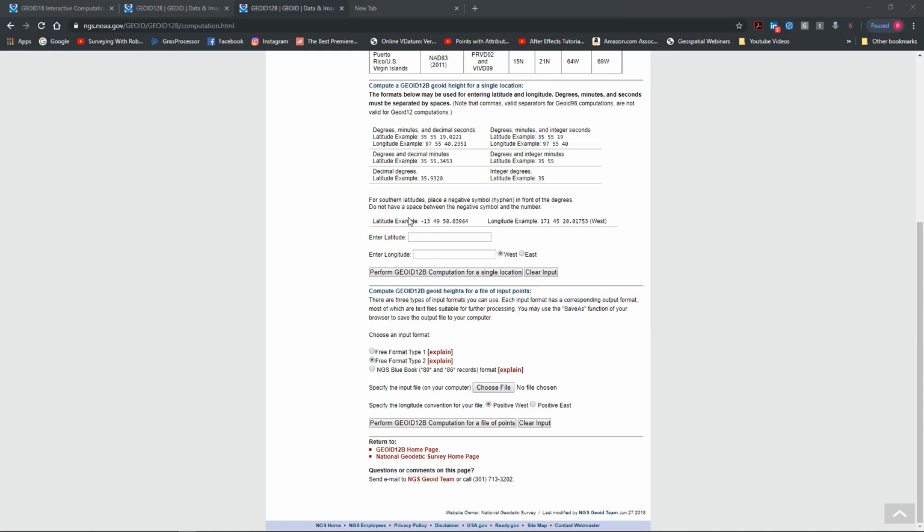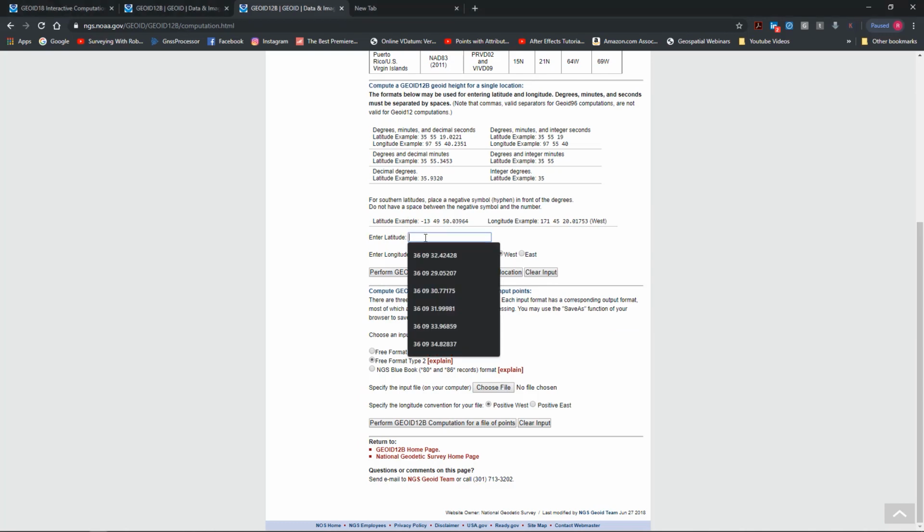and I'm going to put in latitude 32, space 21, space 18.91818. Longitude is going to be 90, space 08, 58.42216, and it's going to be a westing.